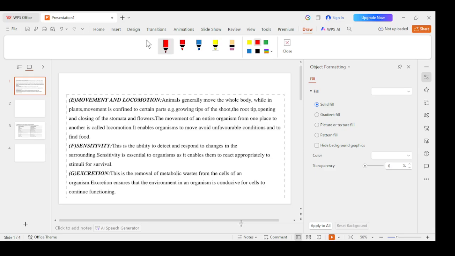For example, phototropism. When you put a flower in a room, the plant responds to light: where the sunlight is every day, the plant will bend toward the light.